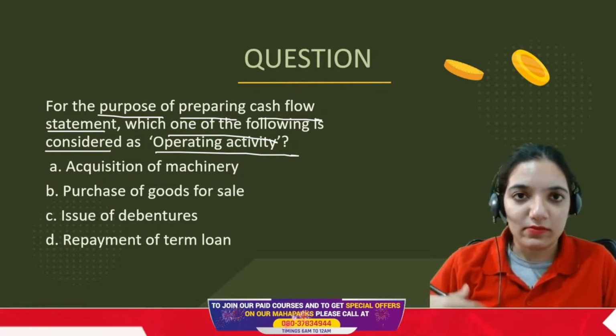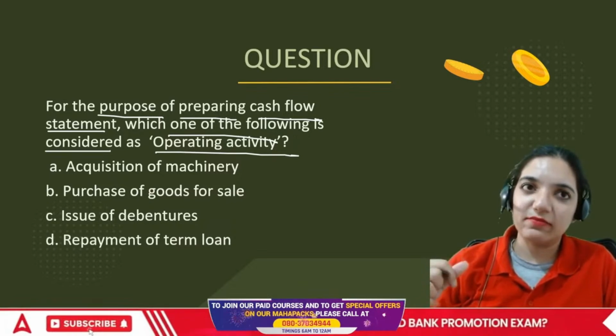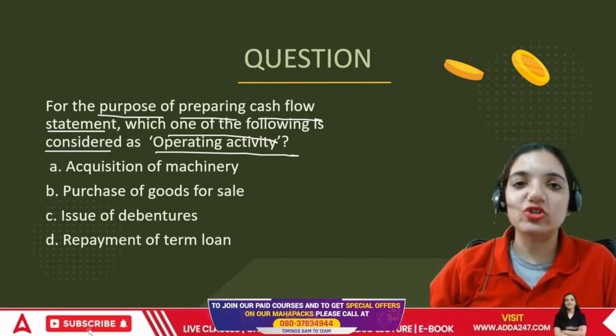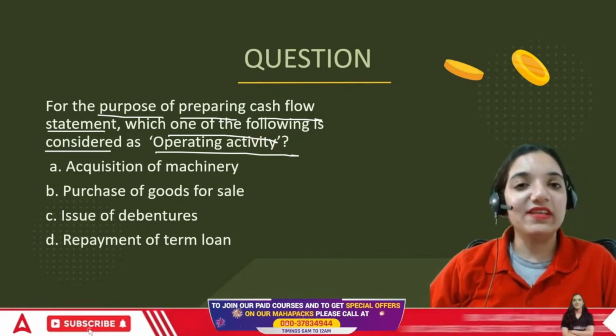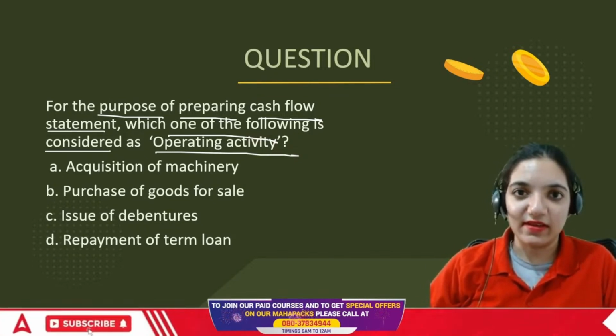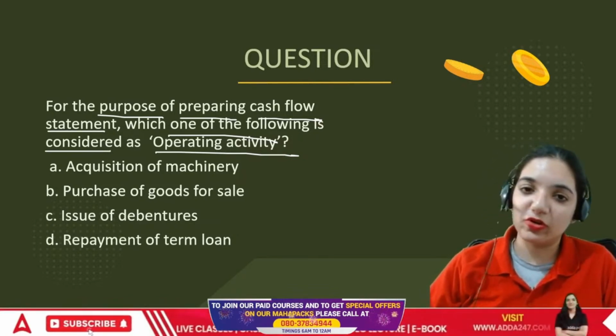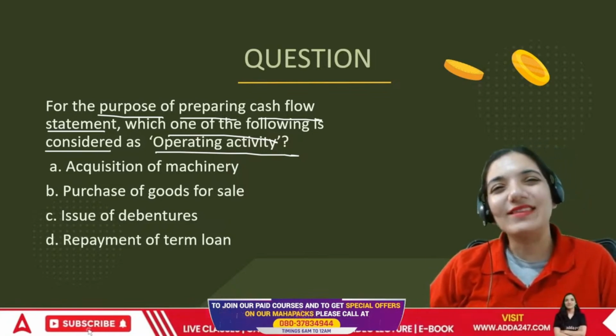Now, do I purchase and sell goods every day? Yeah, that sounds better. That can be called an operating activity. The next one is issue of debentures. Debentures means a debt. You don't raise a debt every single day because you have to pay it back as well. Repayment of term loan, again something which we do not do every single day. We do it once in a blue moon.